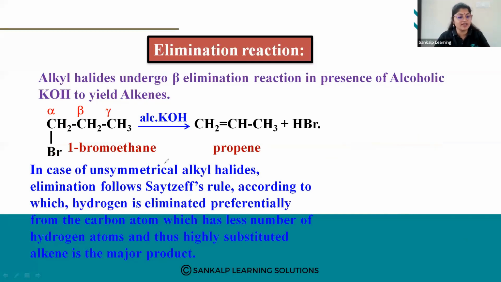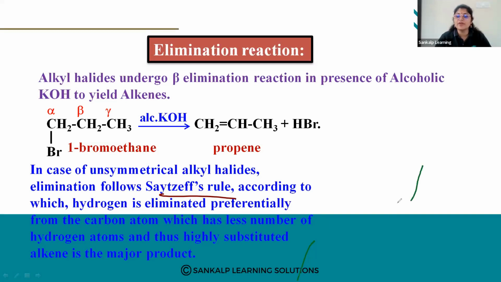If you have an unsymmetrical alkyl halide, then the elimination will follow Saytzeff's rule. What does the rule say? The hydrogen will be eliminated preferentially from the carbon atom which has fewer hydrogen atoms, and thus the highly substituted alkene is the major product.